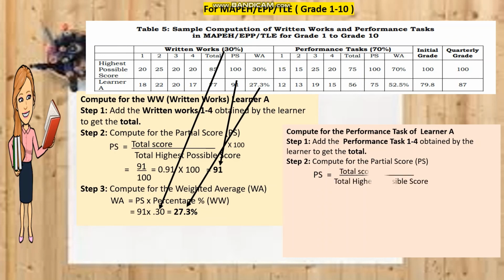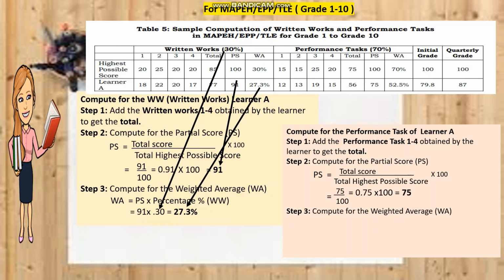Partial score is equal to total score divided by total highest possible score multiplied by 100, is equal to 75 over 100, is equal to 0.75 times 100, and the answer is 75. Partial score for the performance task.